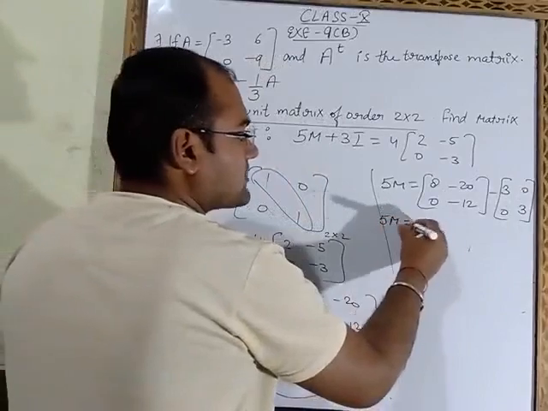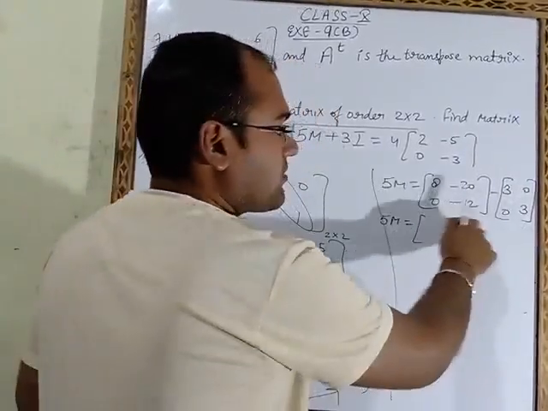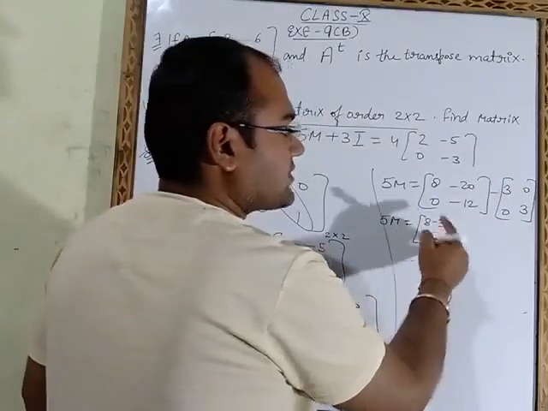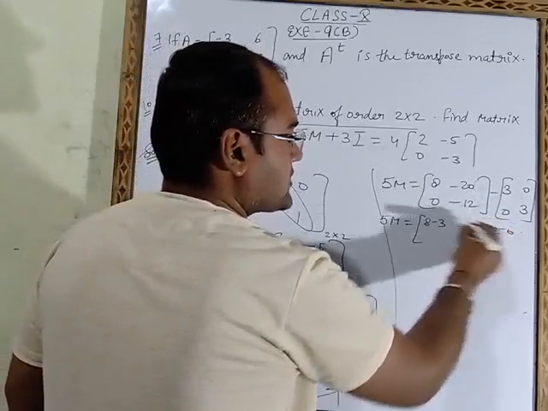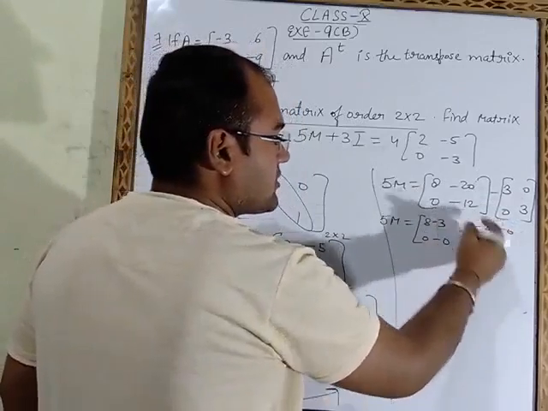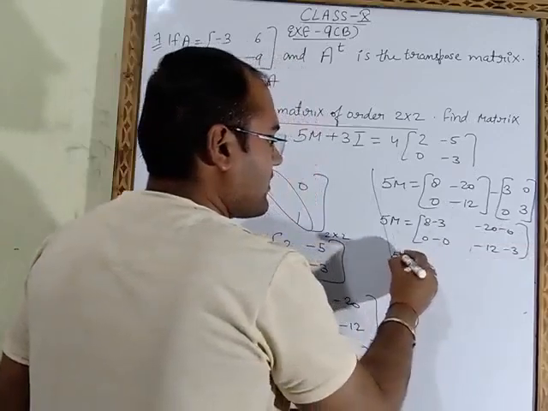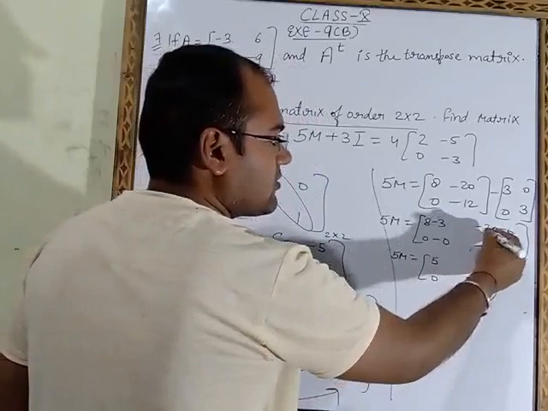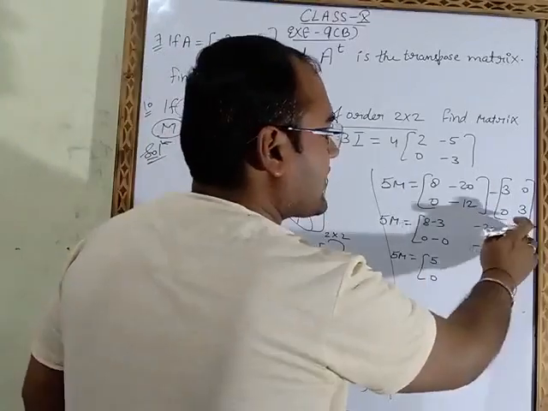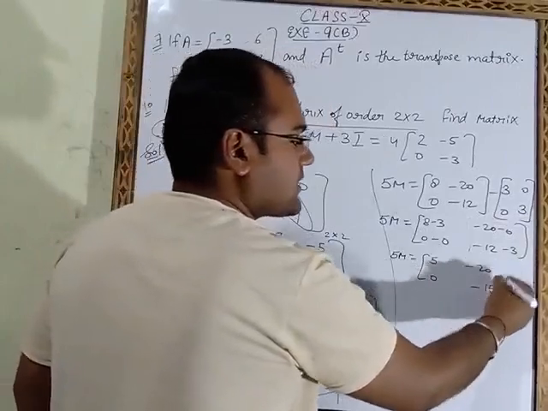Now 5M is equal to, we have to subtract these two matrices. So first of all we have to write like this: 8 minus 3, 0 minus 0, minus 20 minus 0, then minus 12 minus 3. So 5M is equal to 8 minus 3 will be 5, 0 minus 0 will be 0. Here minus 20 minus 0, answer will be minus 20. Minus 12 minus 3 will be minus 15.